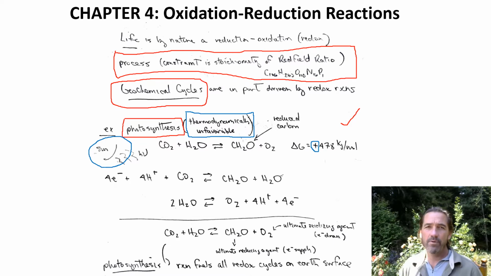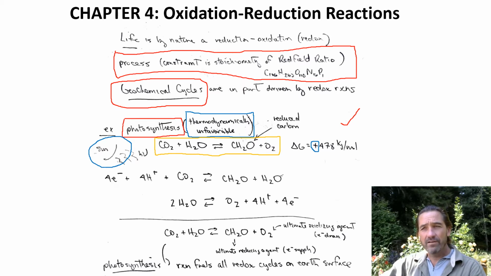It cannot happen on its own. Also, typically, we would write the equation for photosynthesis like this, where CO2 and water goes to biomass and oxygen.